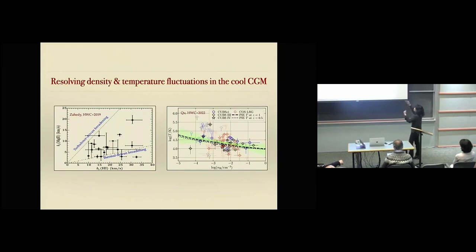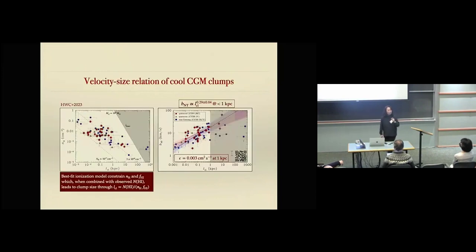So to the zeroth order, it's comforting to see that the photoionization model isn't such an egregious assumption. So that's what we do to get the density and temperature fluctuation. So now in terms of pressure support, that's what I would like to cover in the CGM. Before I move on to talking about turbulence, any questions?